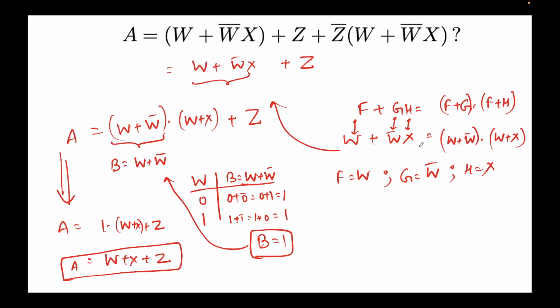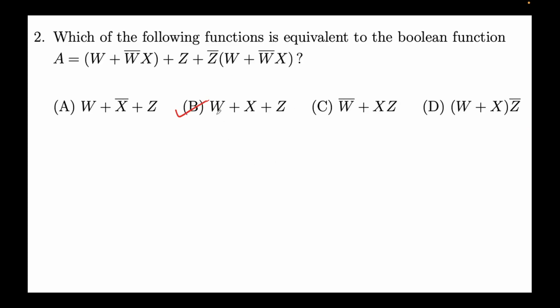I applied this by comparison, and then we obtained this expression, w plus w bar, and then we saw using the truth table that w plus w bar is nothing but b, the value of b comes out to be 1, and we solved it over here. So 1 times w plus x plus z, this we found out over here, which is our option B.